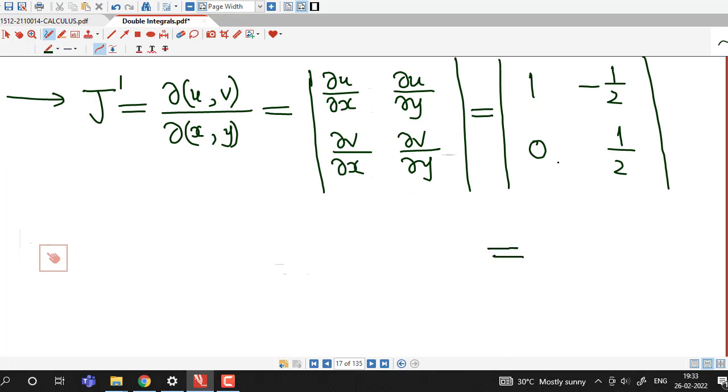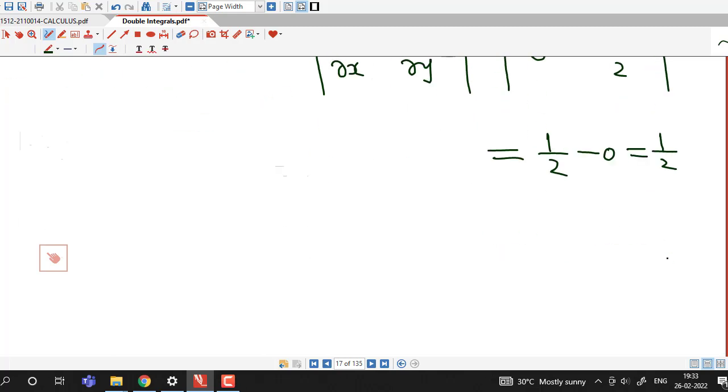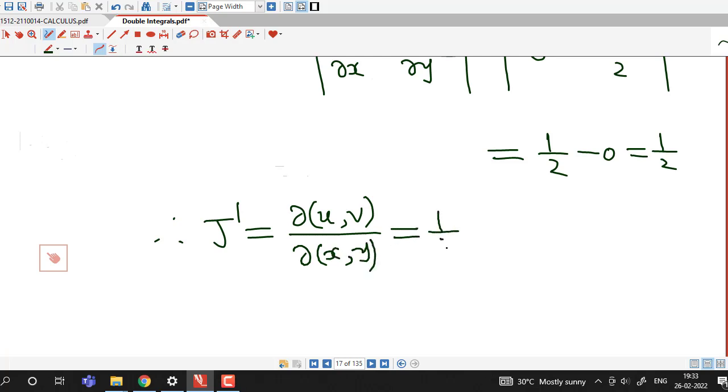So now we evaluate this determinant. 1 into 1/2, that is 1/2 minus 0. Therefore we obtain that J dash, that is the Jacobian of uv with respect to x, y, is 1 by 2.